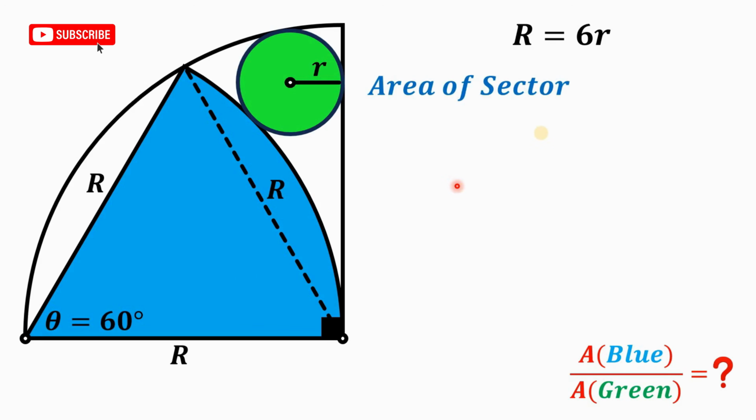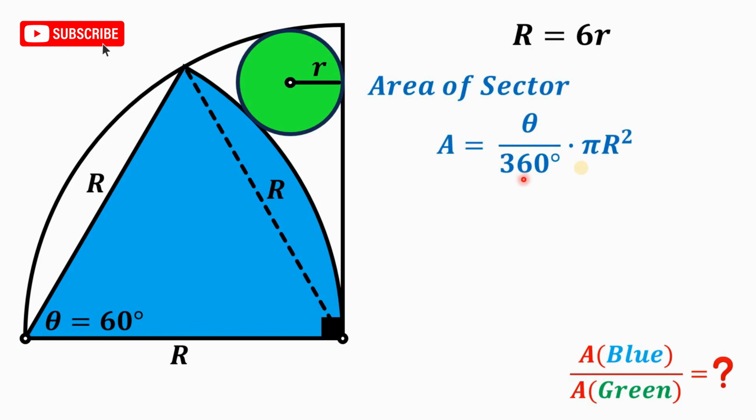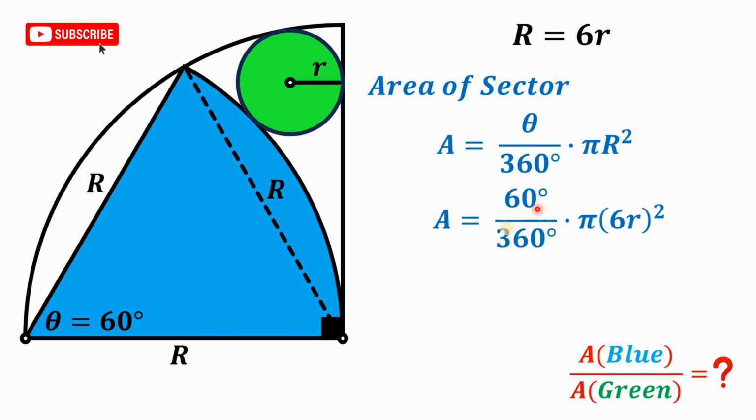So the area of the sector is simply equal to theta over 360 degrees times pi R squared. We know theta, we know capital R, this is 6 times r. So the area of the sector equals 60 degrees over 360 degrees times pi times 6r raised to the power of 2. Simplify, this is just 6 pi r squared.